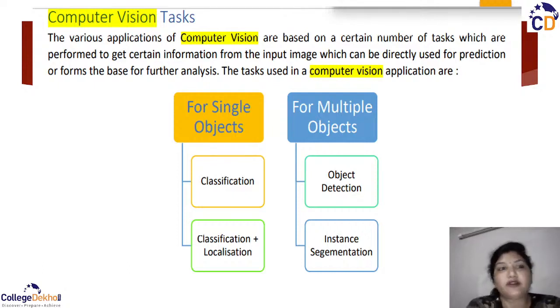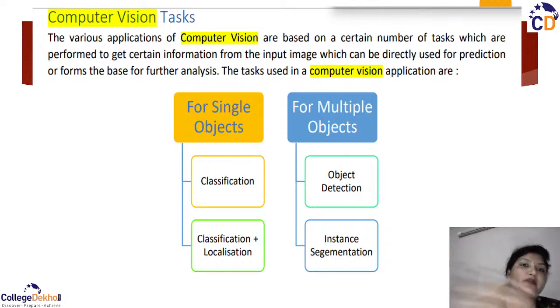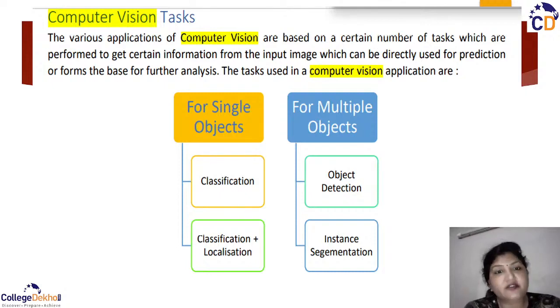The most important part in this is how the computer is segregating the images, how it performs the different tasks, how it identifies the different objects. The various applications of CV are based on a certain number of tasks which are performed to get certain information from the input image, which can be directly used for predictions or form the base for further analysis. Take a single object.